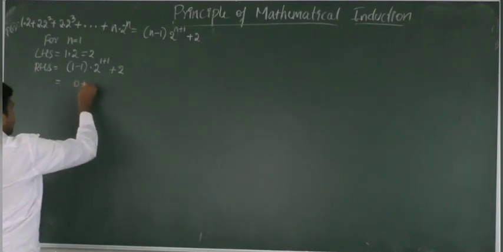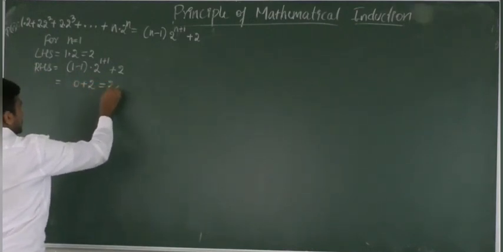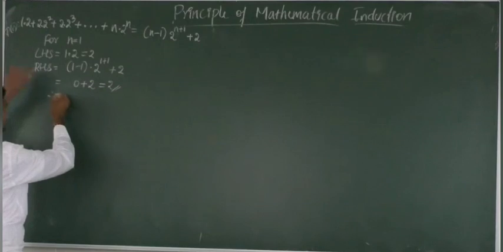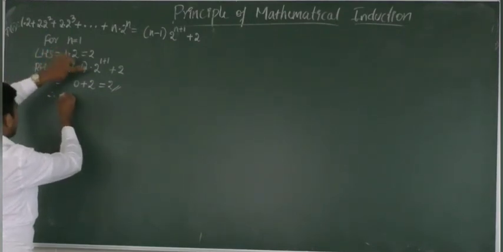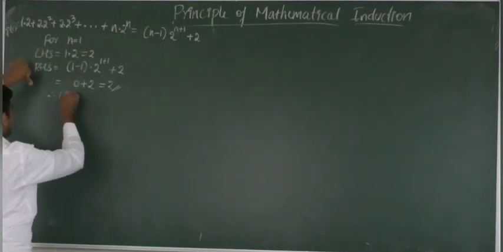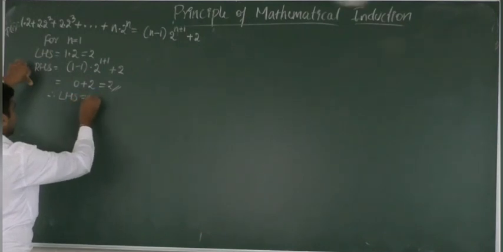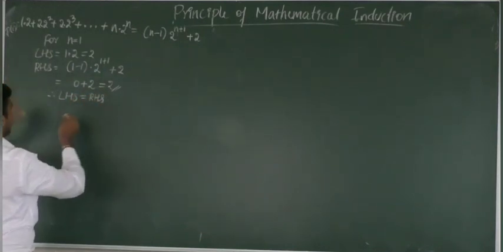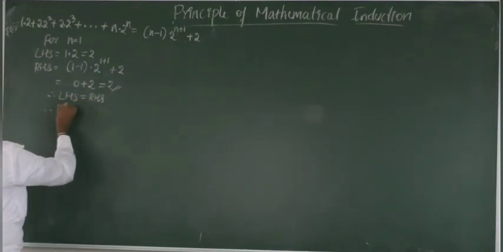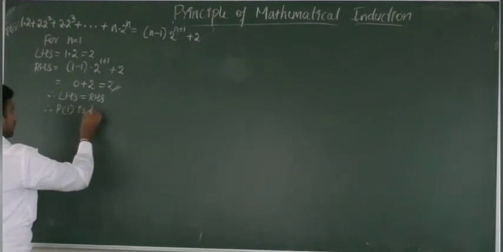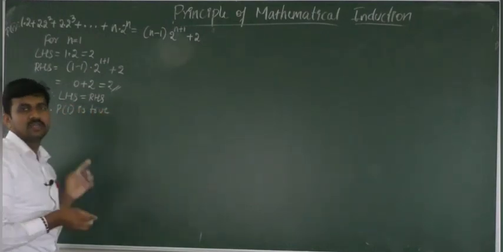So 0 plus 2 is nothing but 2. Therefore we can observe LHS is 2 and RHS is also 2. Therefore LHS and RHS are equal. So we can say P of 1 is true.